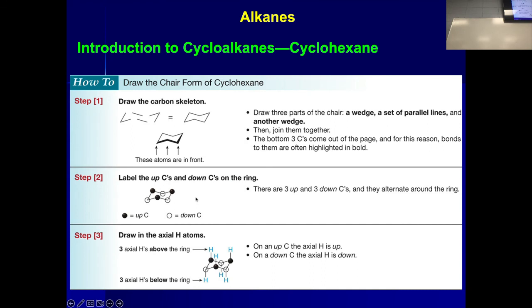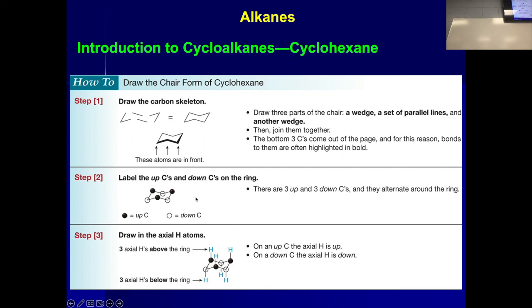Now, drawing cyclohexane is an art, and it is an art that I will admit to you that I have lost a little bit of my practice on. So my cyclohexanes don't look as pretty as people who draw these structures as much anymore. The fact that we have computers that do all the drawing for us now has made my artistic skills very bad.